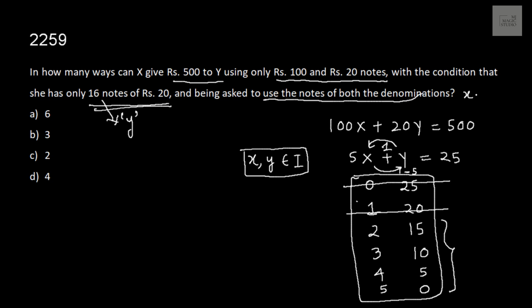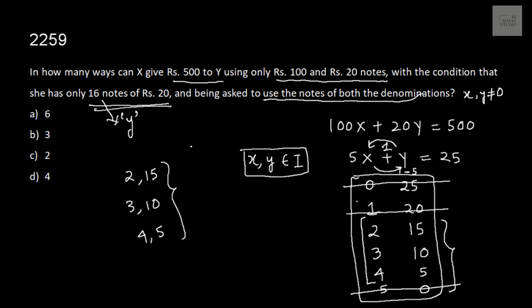That means x or y cannot be equal to 0. That means 5, 0 is again struck out. So we are left with 3 possible solutions, and that is (2,15), (3,10) and (4,5), and this combination will give rupees 500. So in how many ways can it be done? It can be done in 3 ways. Option B is the answer.